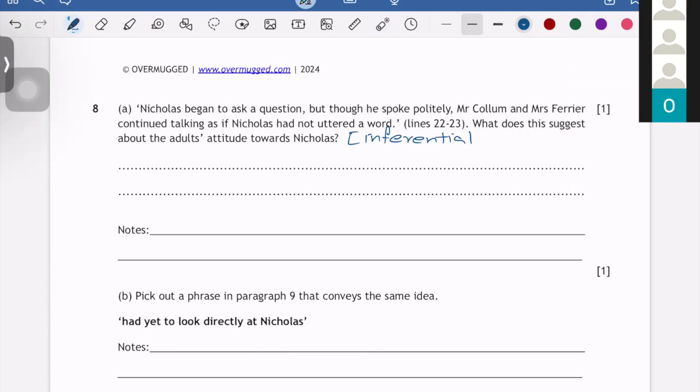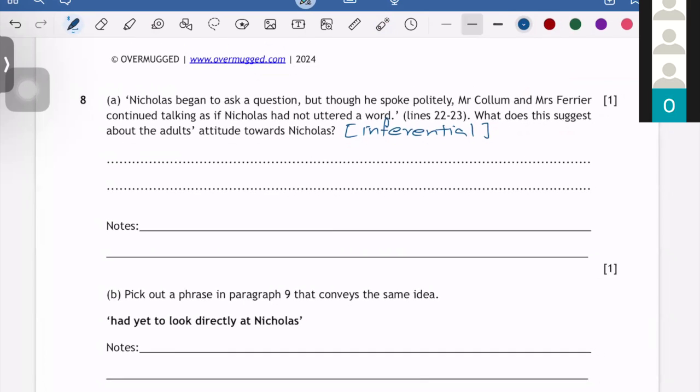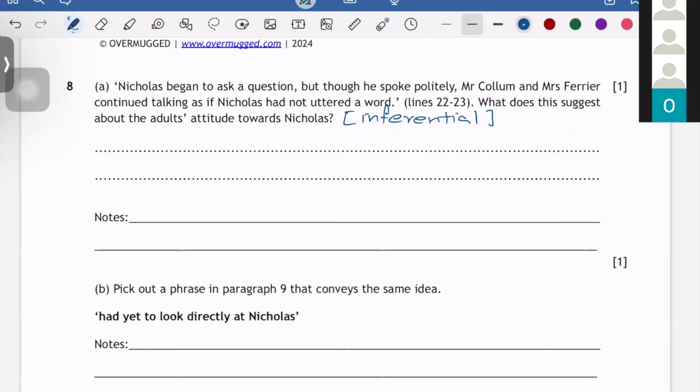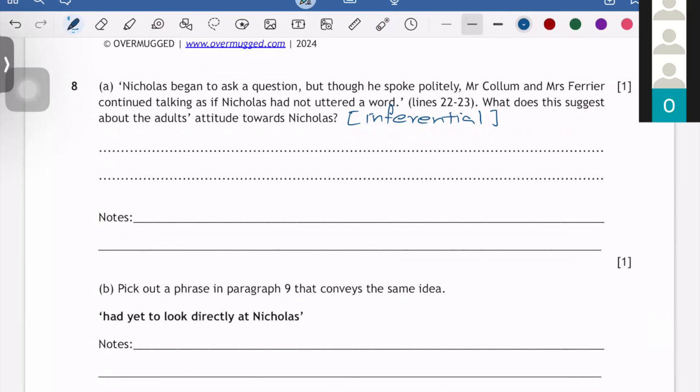So they're not going to tell you exactly what the adult's attitude are towards Nicholas. You are inferring from their given sentence.